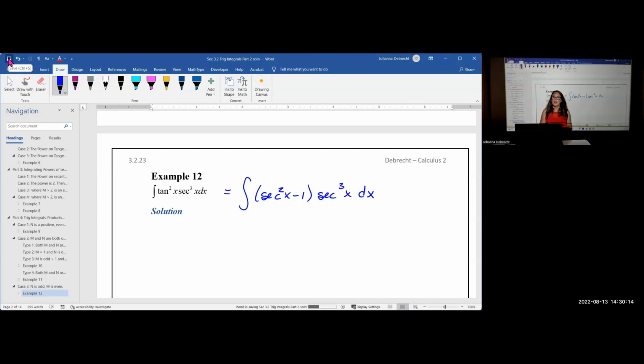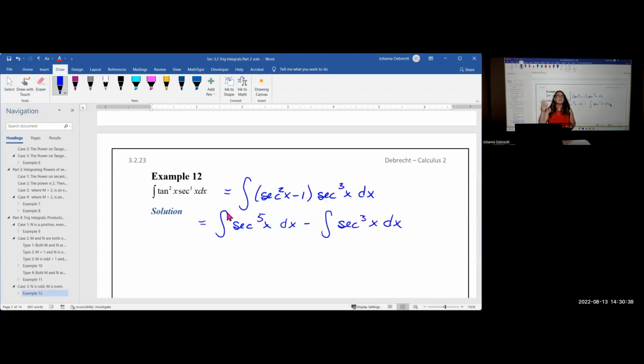Now, how do we handle this from here? What's our next step? Well, the obvious thing to do is the distributive property and break it into two integrals. If we do that, we end up with the integral of secant to the fifth of x dx minus the integral of secant cubed of x dx.